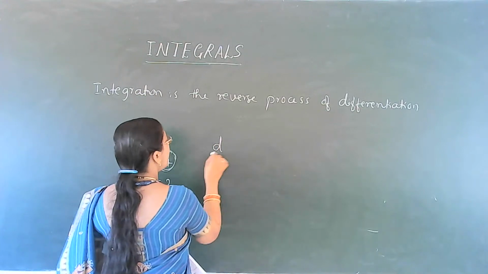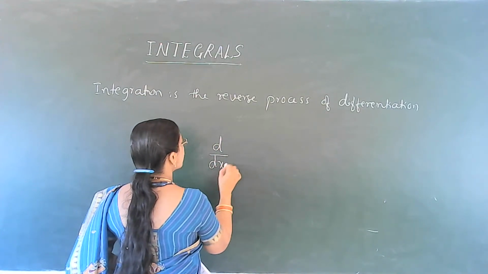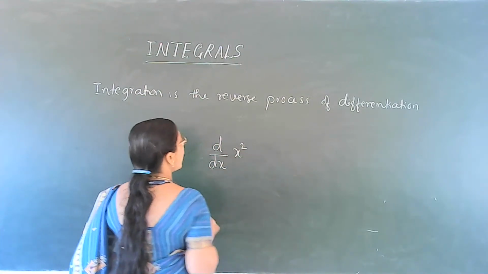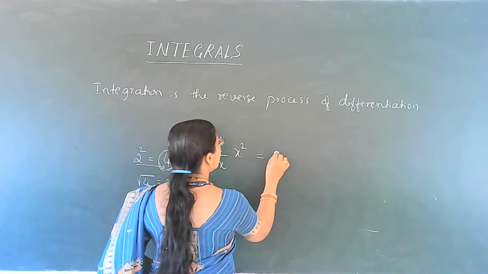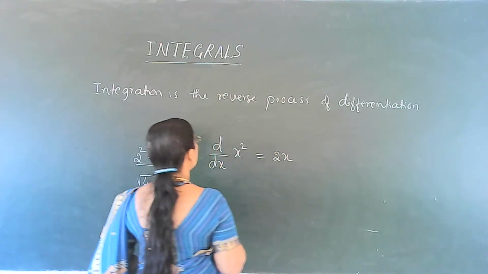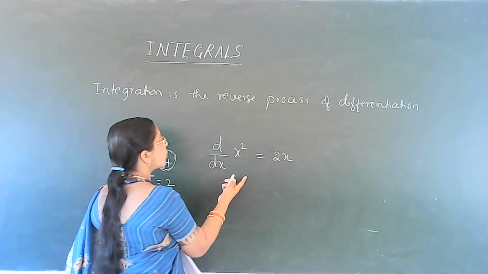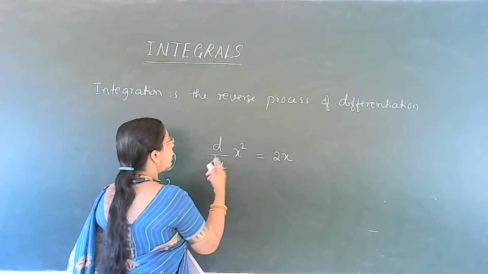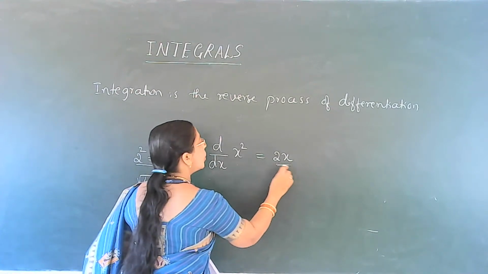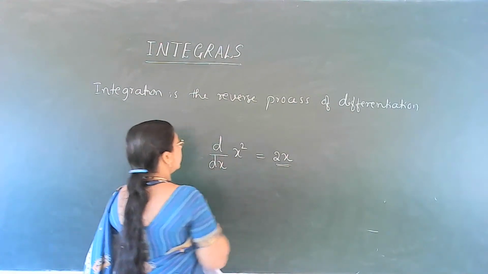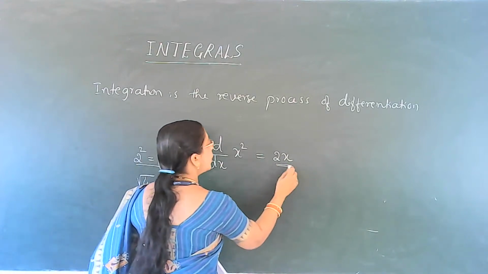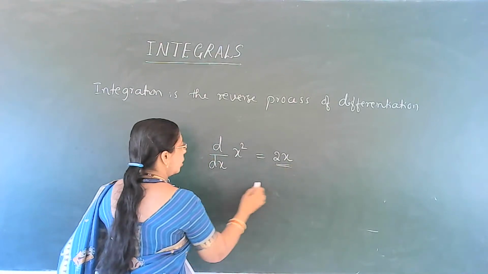In the same way, d by dx of x square is equal to 2x. We find the reverse process, which is integration. 2x is the derivative of the function.